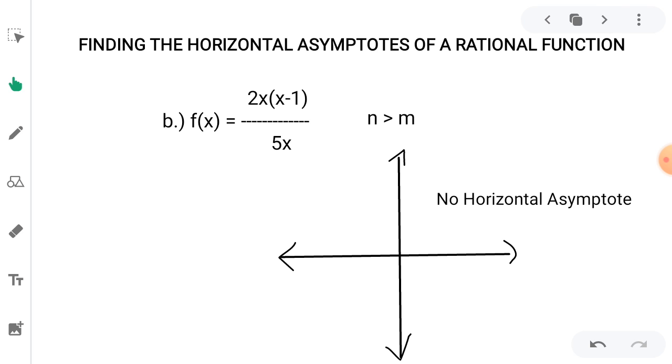Next, how about f of x is equal to 2x multiplied by x minus 1 all over 5x? Kung napapansin natin, they look equal, but if we distribute the numerator, it becomes 2x squared. So the numerator exponent is greater than the denominator exponent.